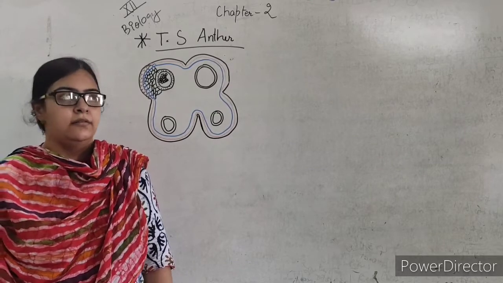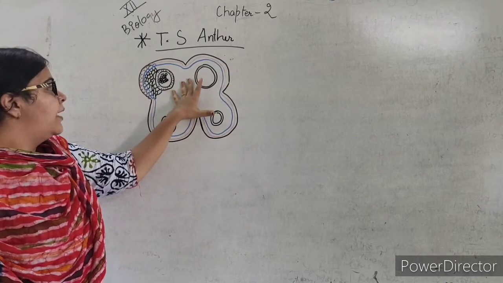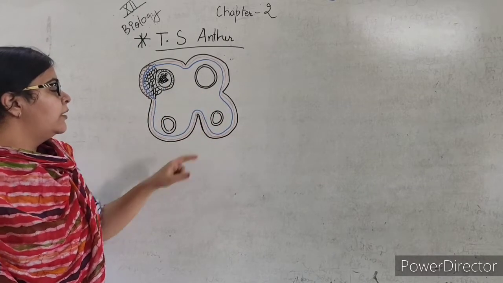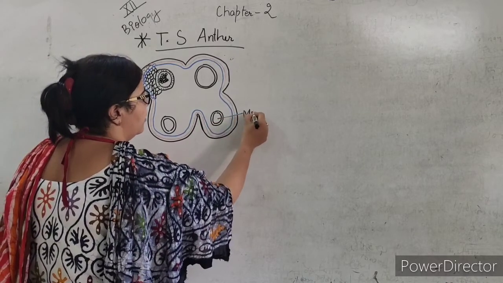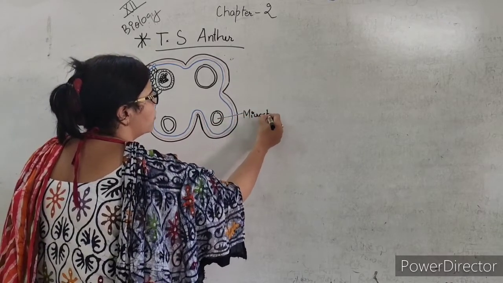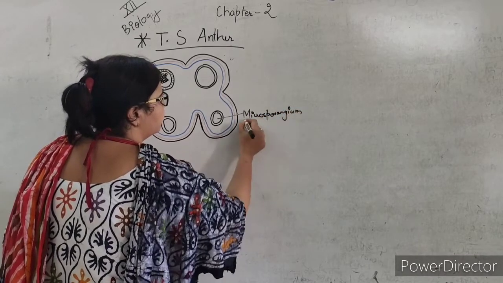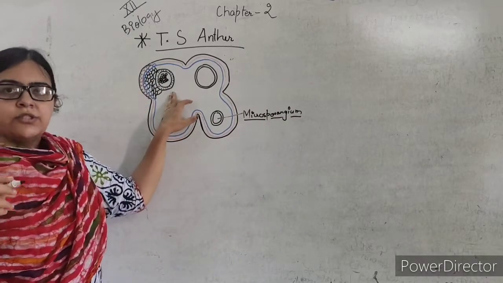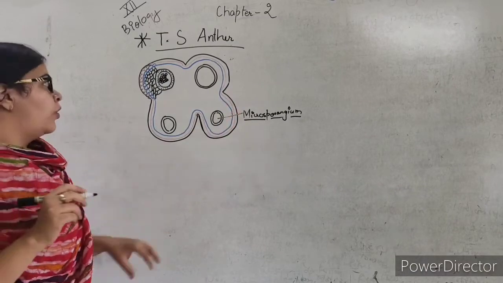TS of anther. Here in this diagram you can see that these four are nothing but microsporangia. These are nothing but microsporangium. We have already talked about the structure of microsporangia, that it is having four wall layers.